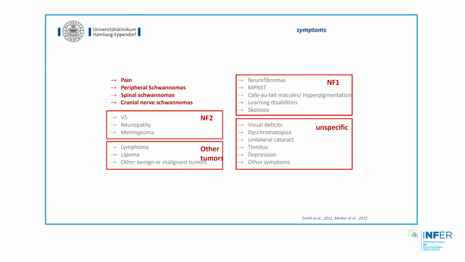Some of them are in the spectrum of NF2, some even in the clinical spectrum of NF1, and many are unspecific. Especially, the concomitant presence of other tumors has been described. The low incidence makes statistically significant associations hard, but besides all, the absolute hallmark sign in clinical descriptions of schwannomatosis, to be specific non-NF2-related schwannomatosis, is pain.